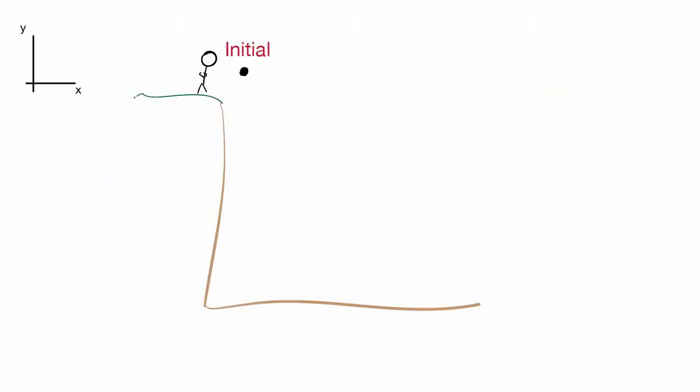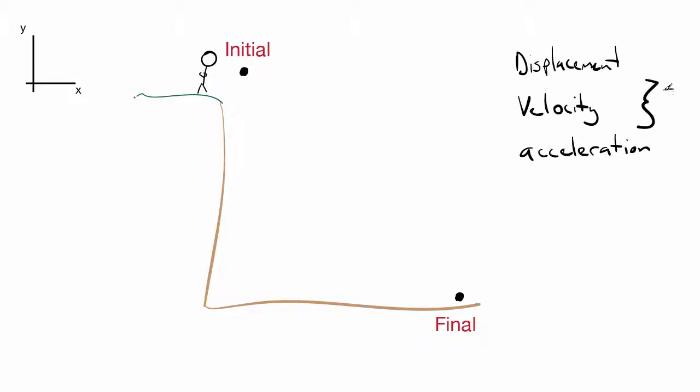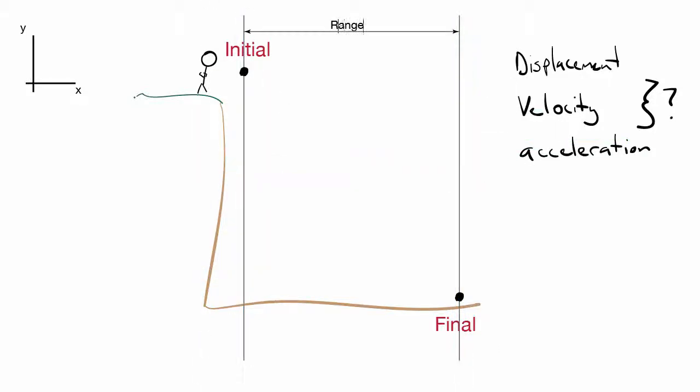Well, let's think about the motion of the rock after it leaves your hand until just before it hits the ground. Specifically, let's talk about our motion quantities, displacement, velocity, and acceleration in the horizontal and vertical directions. We can see that the rock travels some distance in the horizontal away from its initial position, so it has a displacement in the x direction. Sometimes this is referred to as the range. Since the rock falls to the base of the cliff, it must also have a displacement in the y direction.